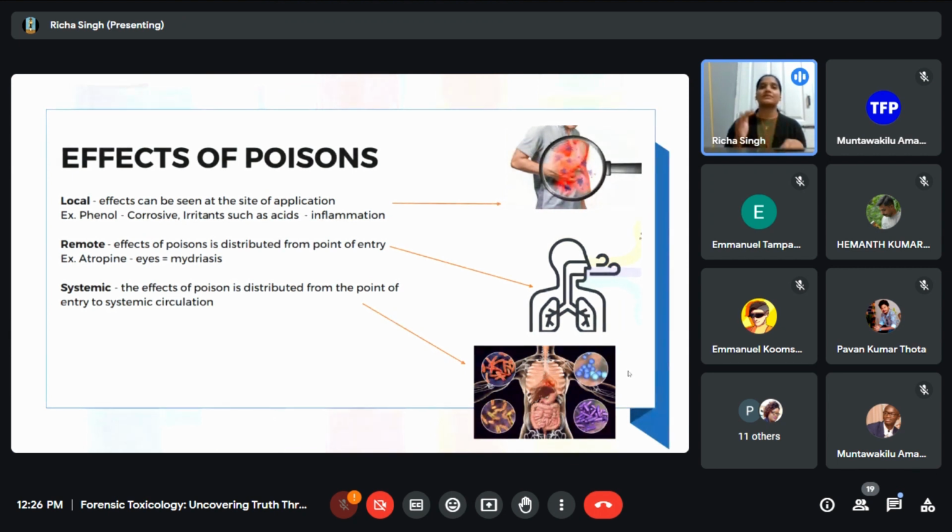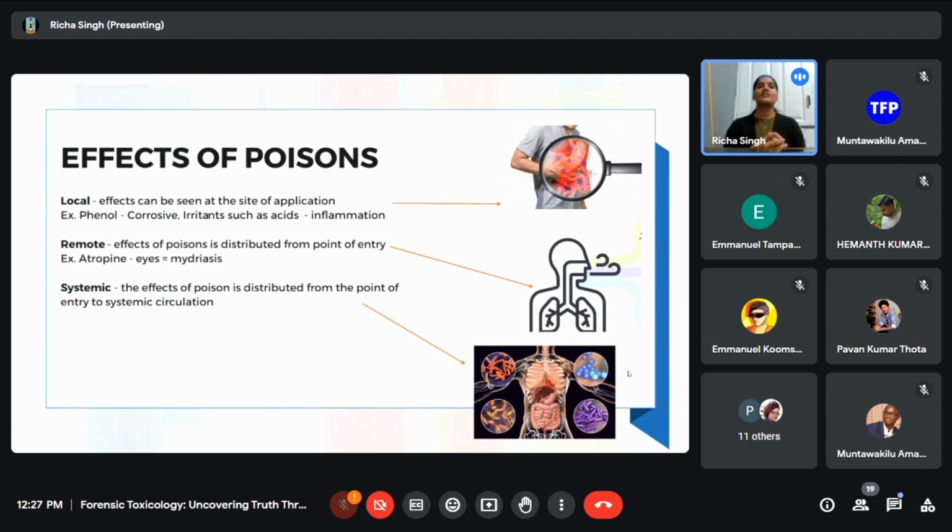Let's say the poison has been applied to a person's skin. The effect will be shown in the skin itself, at the site of application. If the person has ingested the poison, the inflammation will be seen in the mucosal membrane. For these, we have very common examples: phenol, that is also known as carbolic acid, and then irritants such as acids, which lead to inflammation.